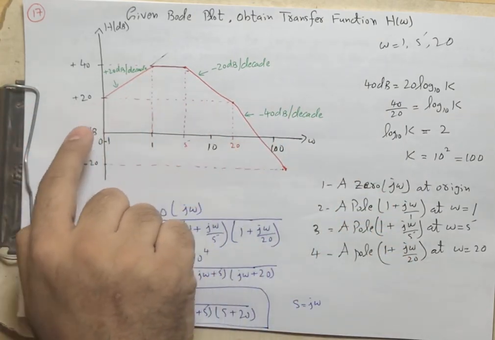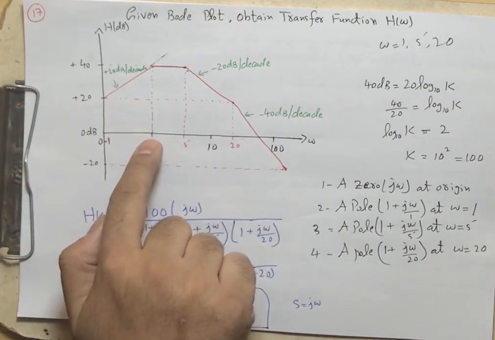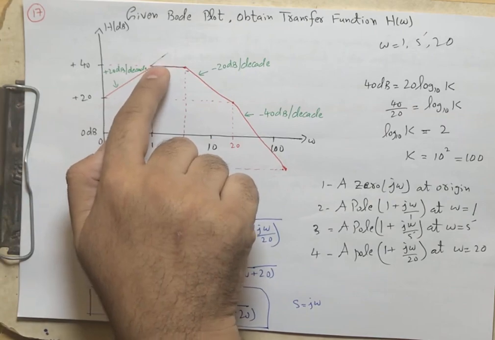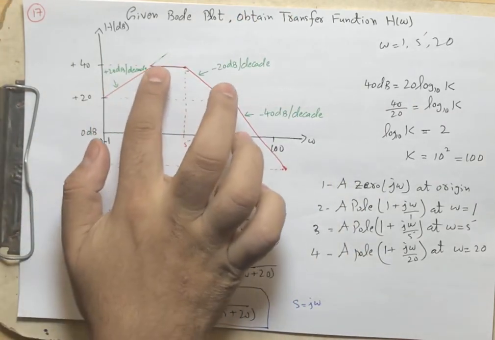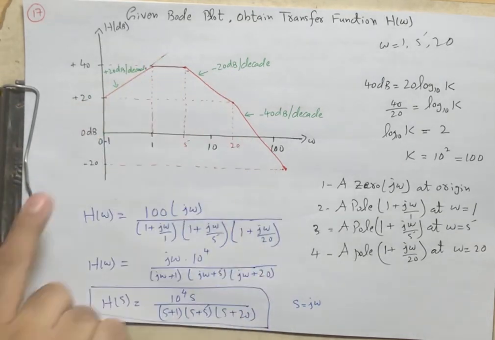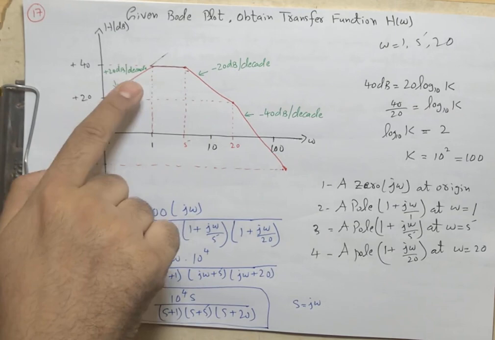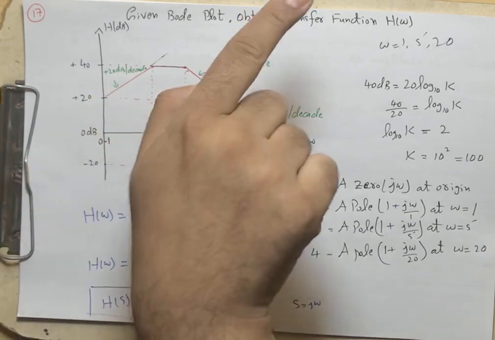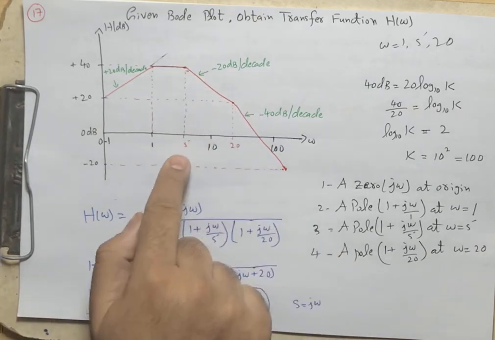So I observe that I have an increasing slope which is passing through 1 and it will keep on increasing. So basically I have a zero at origin. You have a constant positive 20 dB slope, and it will pass through omega is equal to 1, and then you have a dip at omega is equal to 5.